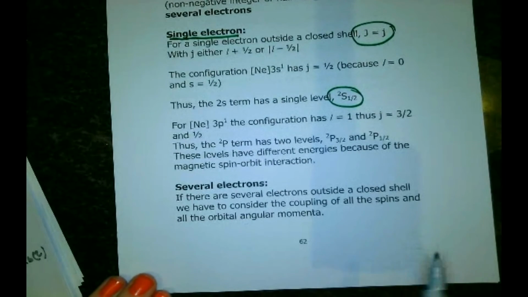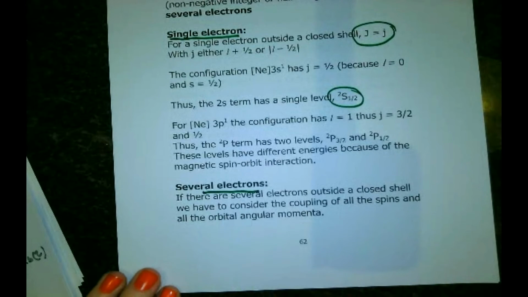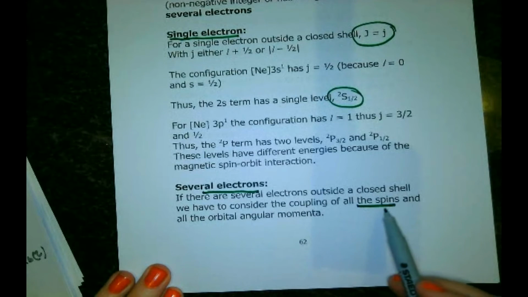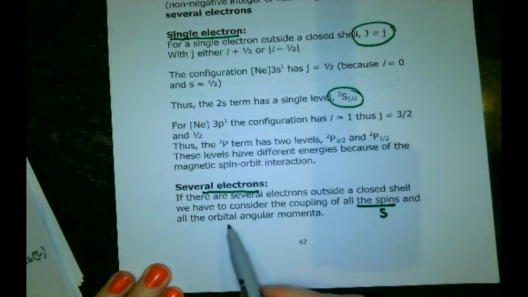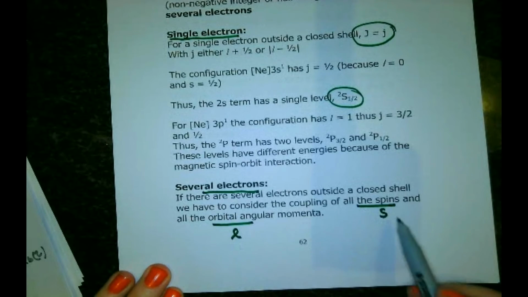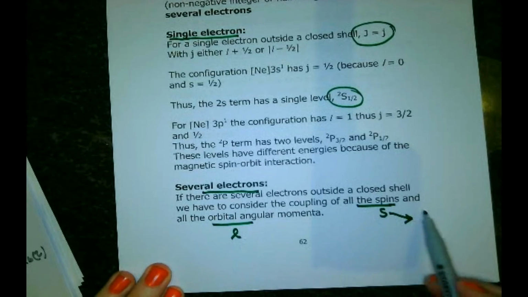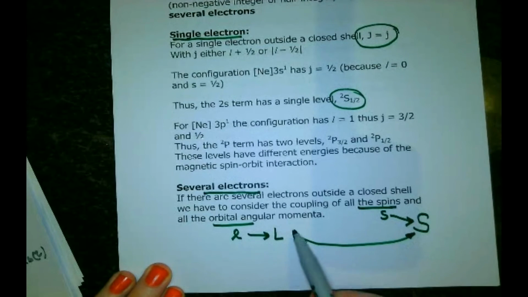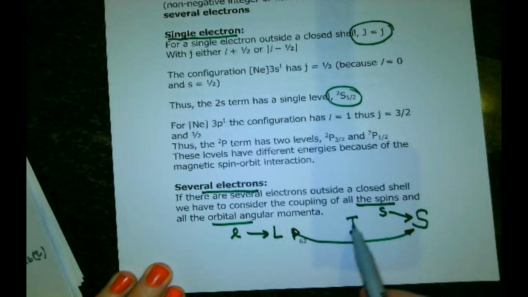If you have more than one electron, the many electron system, we now have to couple all the spins and all the L's. The combination of all the S's gives us the total spin angular momentum. The combination of all the L's gives us the total orbital angular momentum. By coupling those two, we can get the total angular momentum quantum number.